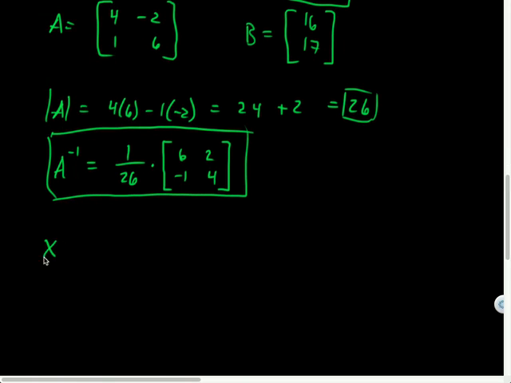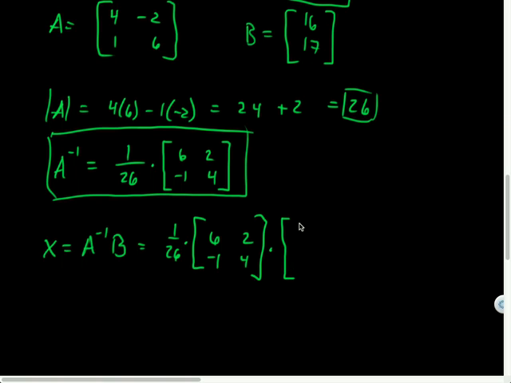So matrix X is equal to A inverse times B. And that would look like this. 1/26 multiplied by 6, 2, -1, 4. So there's A inverse. And I'm multiplying that by matrix B, which was 16, 17? Yeah.